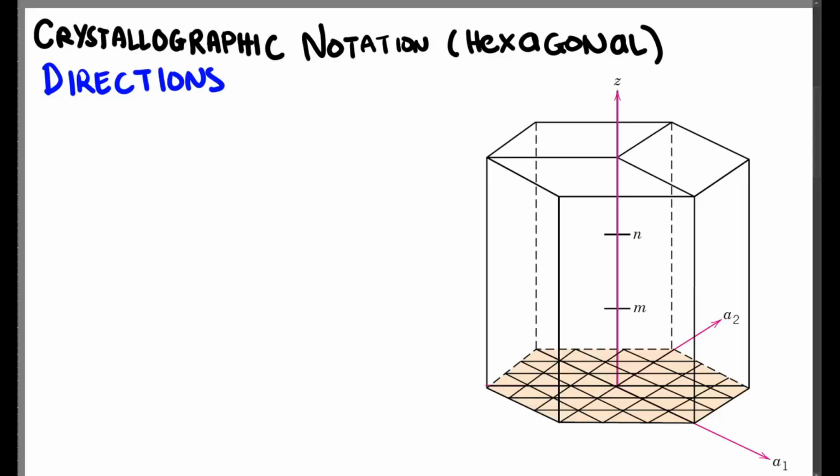Now let's take a look at our hexagonal crystal systems. From this crystal, we can see that this direction and this direction are equivalent.